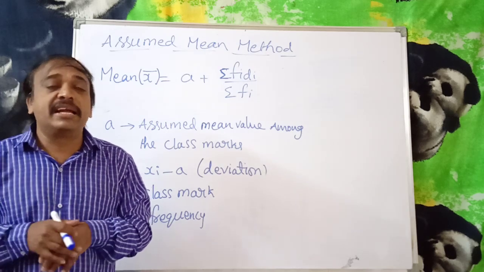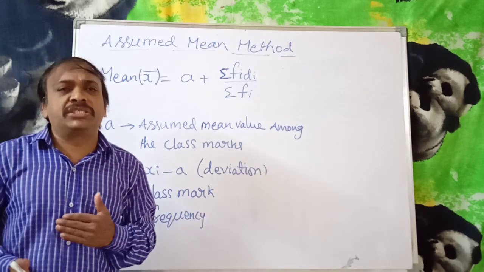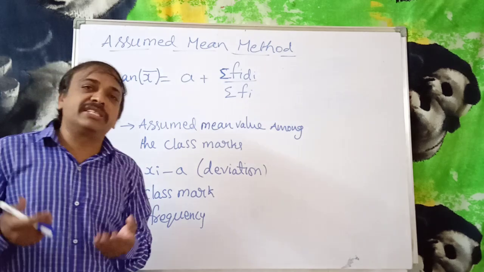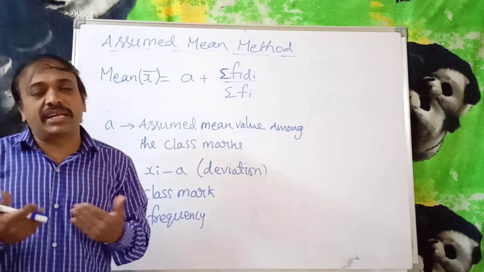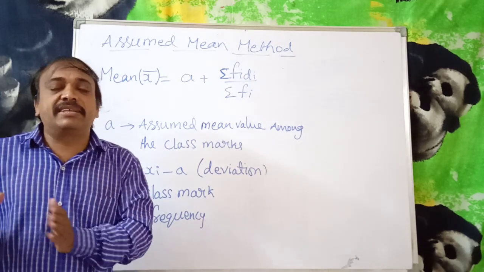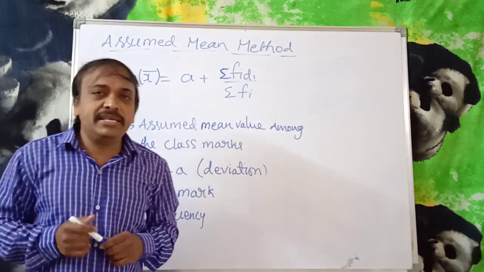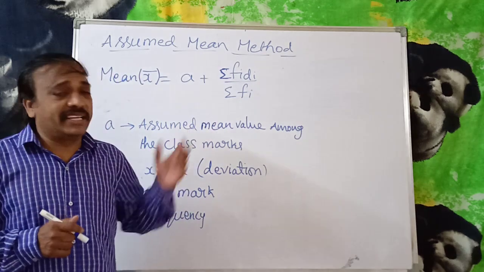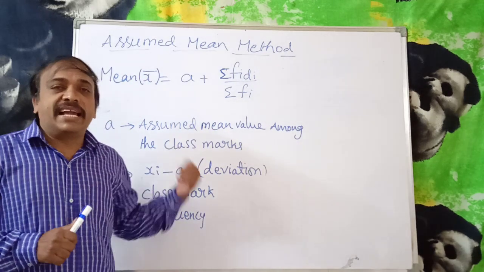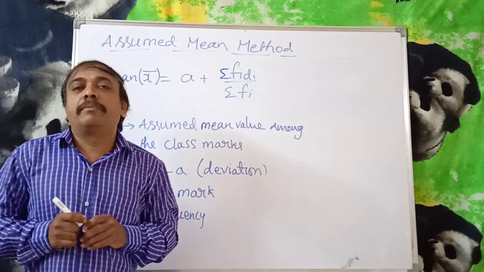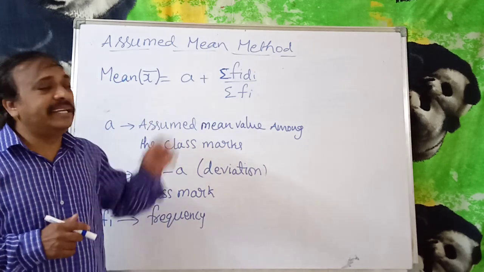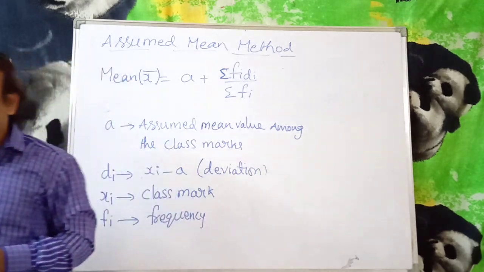When the data is too large, these methods make the calculations easy and convenient. Now we will see one example of how to calculate the mean using the assumed mean method.